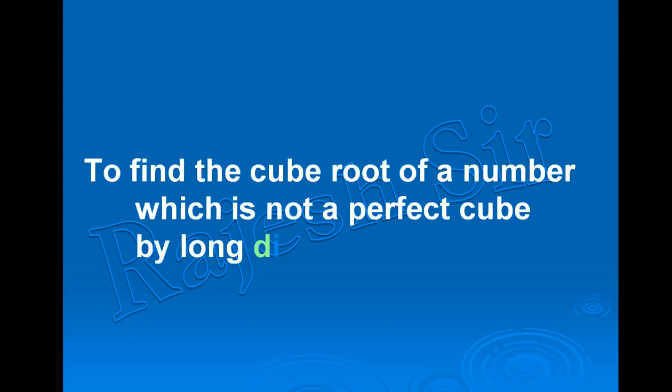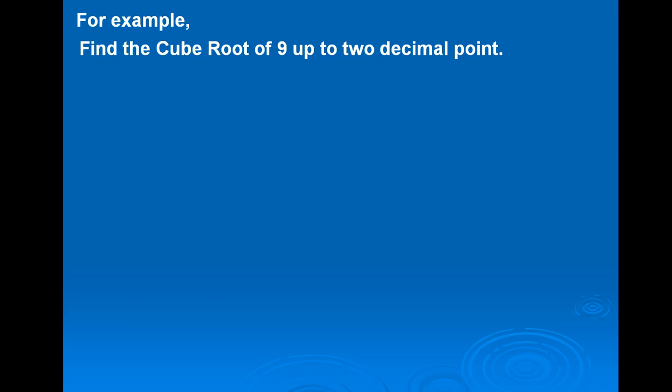Hello student, now we will discuss how to find the cube root of a number which is not a perfect cube by a long division method. For example, find the cube root of 9 up to 2 decimal points.